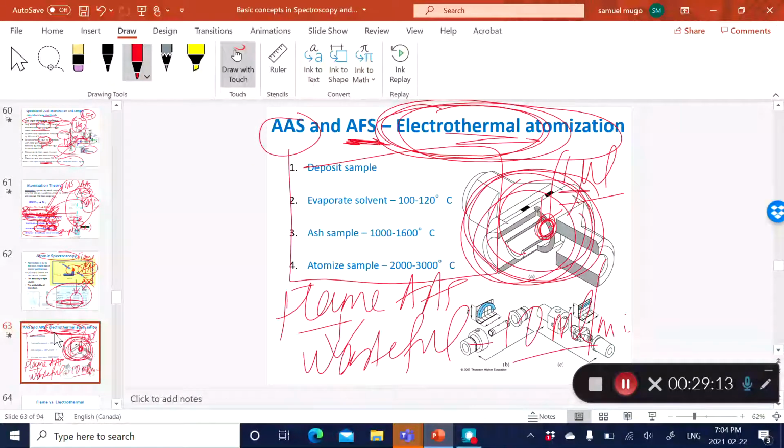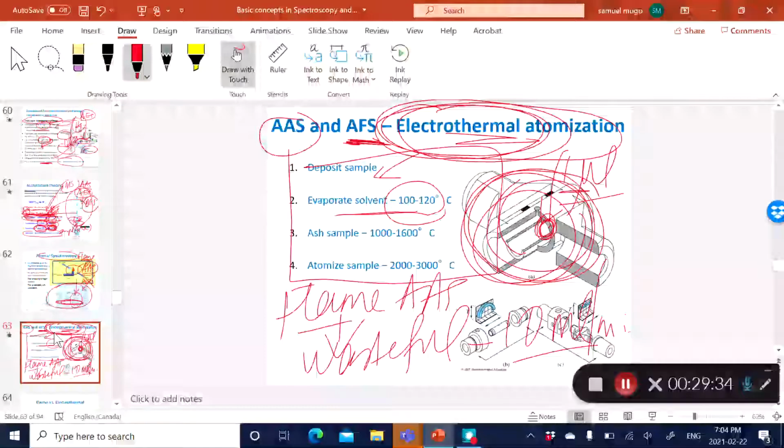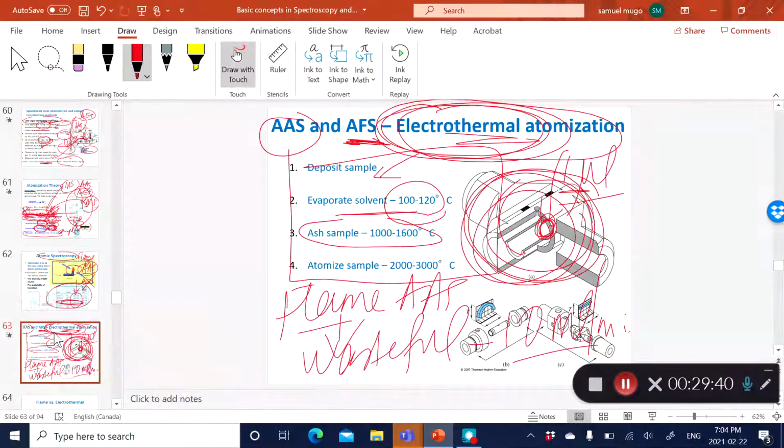And so the steps with the graphite furnace are: you deposit the sample and then you evaporate the solvent just by ramping up the temperature. So it operates very similar, really, to gas chromatography. You increase the temperature to around 100 degrees, which is the boiling point of water, and that way you vaporize the solvent. And then after that, you can increase the temperature to around 1500 degrees centigrade, and that way you break down any organic matter that is present in the sample.